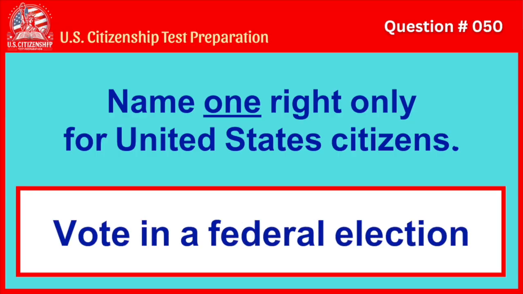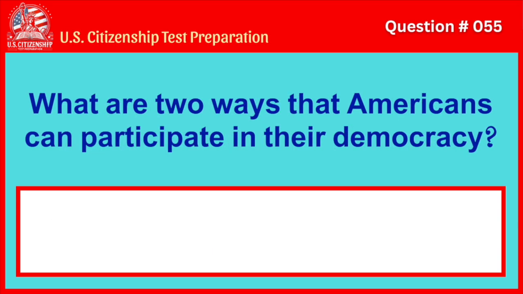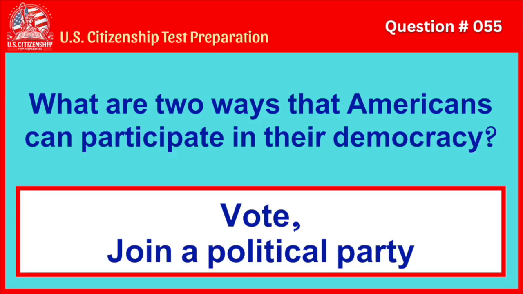Vote in a federal election. What are two ways that Americans can participate in their democracy? Vote. Join a political party.